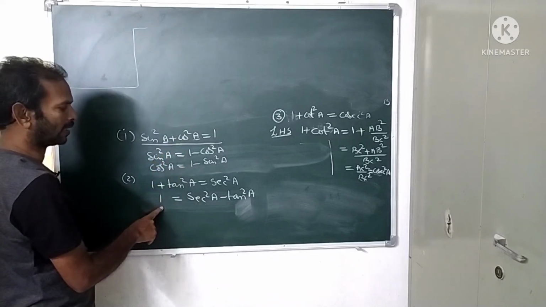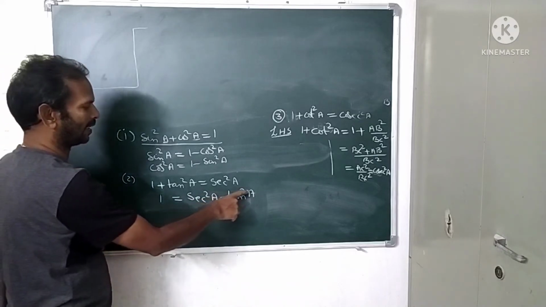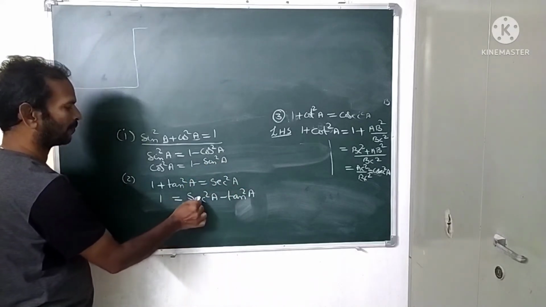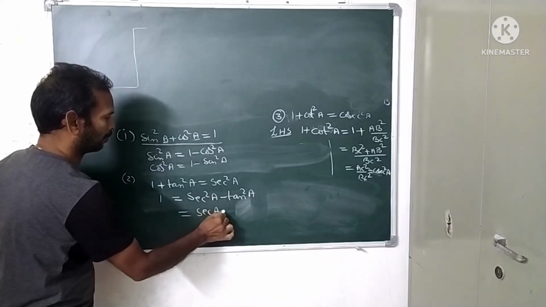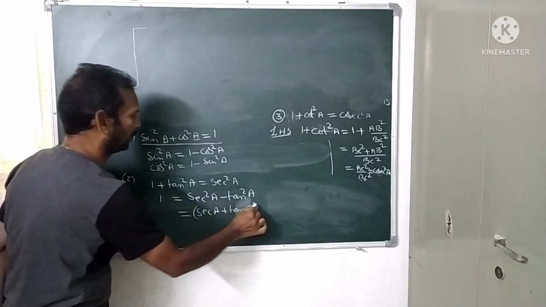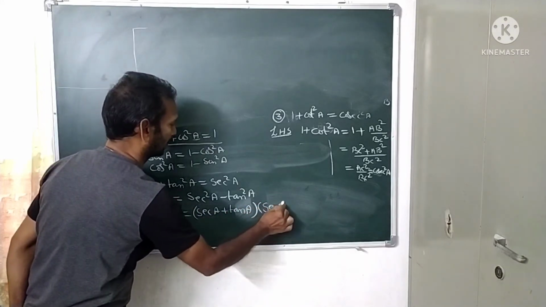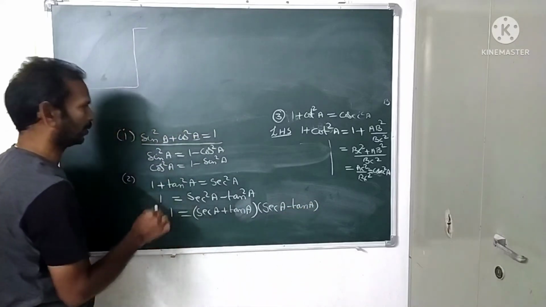If you want the answer in terms of secant and tan, you can write secant square A minus tan square A. This is again A square minus B square, so A plus B into A minus B is equal to 1.